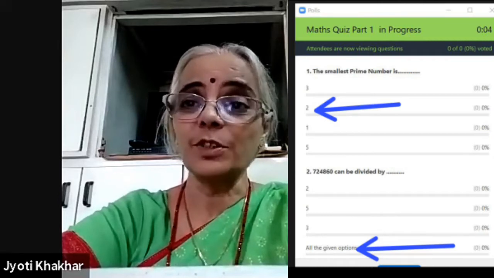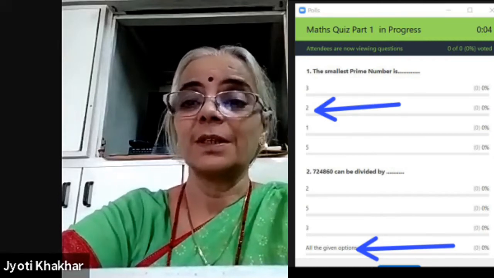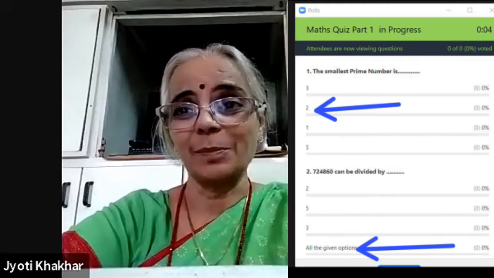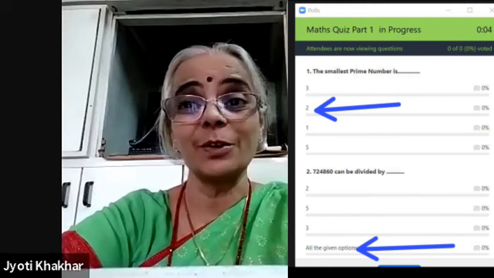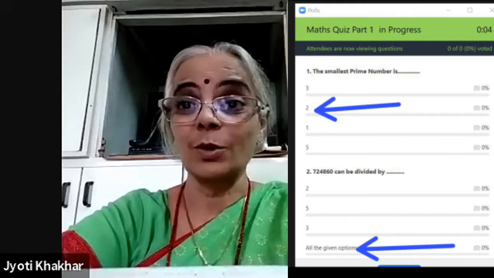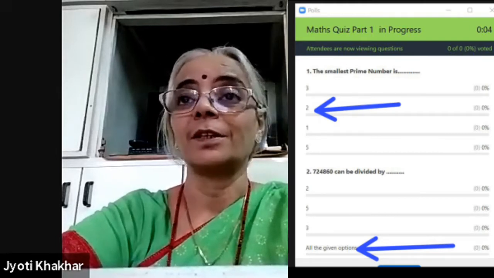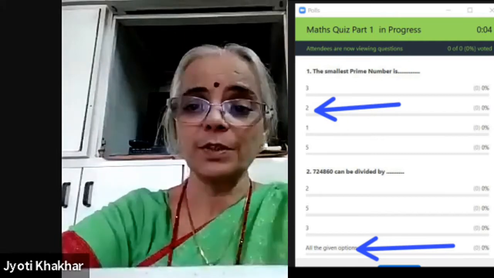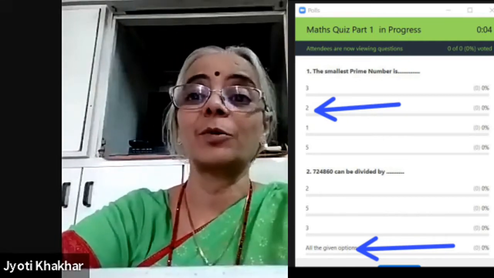The second option says 5. And the rule of 5 is at unit place either 5 or 0. So this can also be divided by 5, by 2 and by 5. 2 options are there. Let us think about 3.